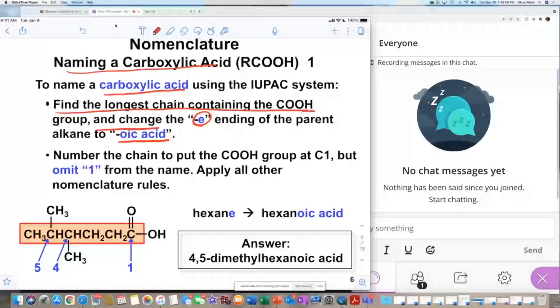Number the chain with the carboxylic group at carbon 1, but omit 1 from the name. You will do this all the time. So chemists are like, if we're doing this all the time, there's no need to specify carbon 1. Each time, this carbon will be carbon 1. So in the name, there's no need to point it out because it will always be implied. Okay? And apply all other nomenclature rules. The rest of it applies.